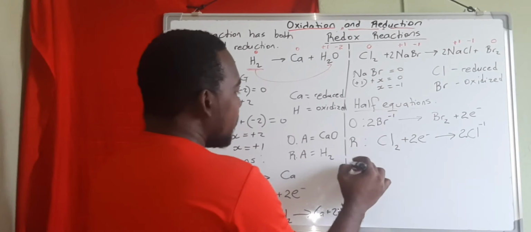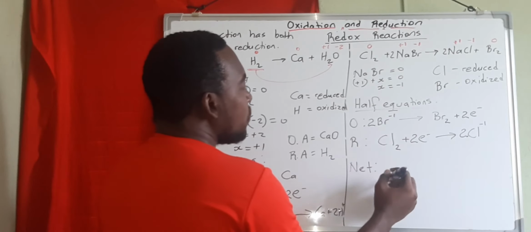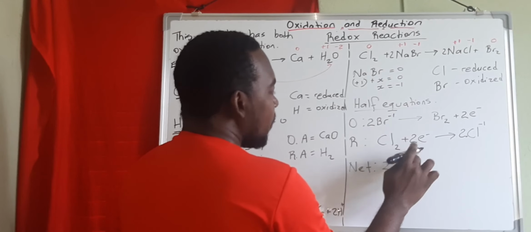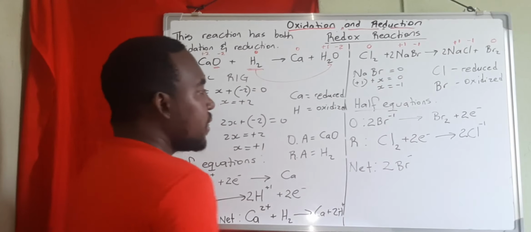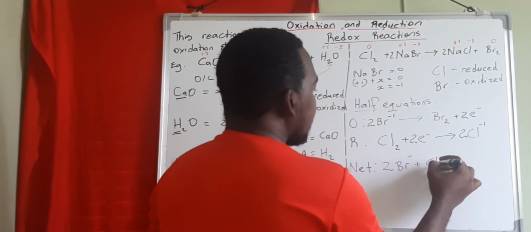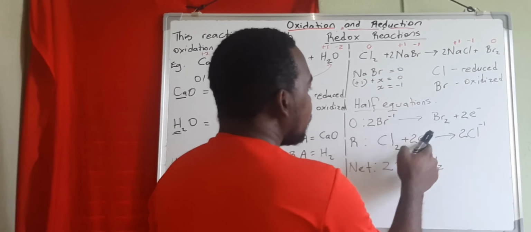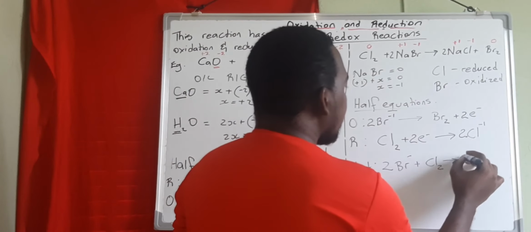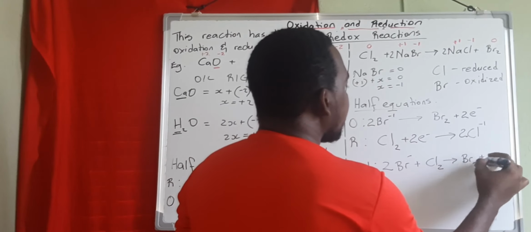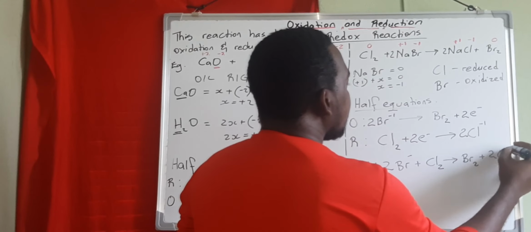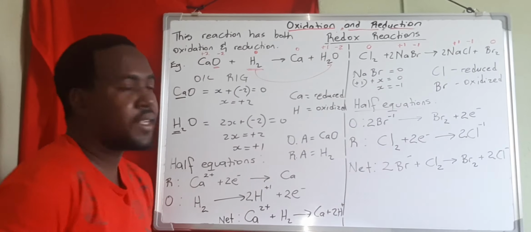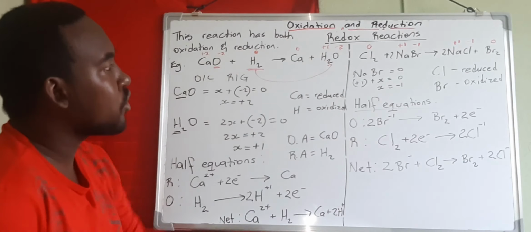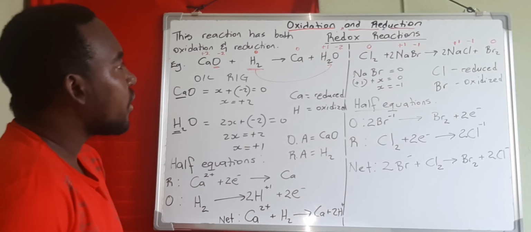So the net equation would be the 2 Br-, plus Cl2. The two same electrons get cancelled to give Br2 plus 2 Cl-. And that's our net redox or ionic equation for this redox reaction.